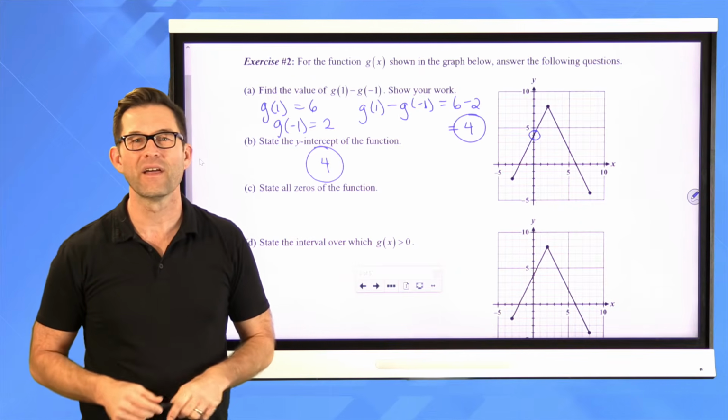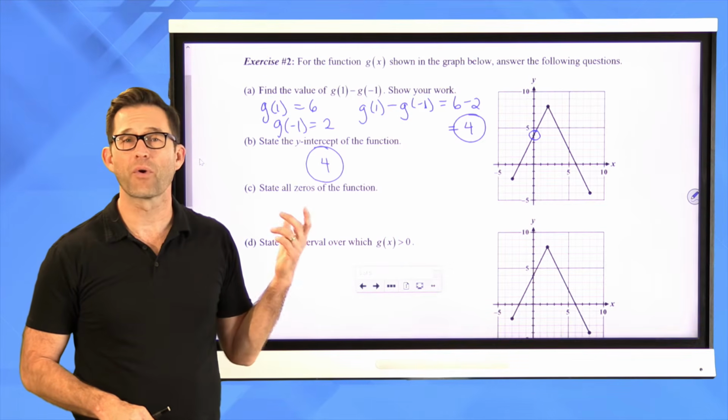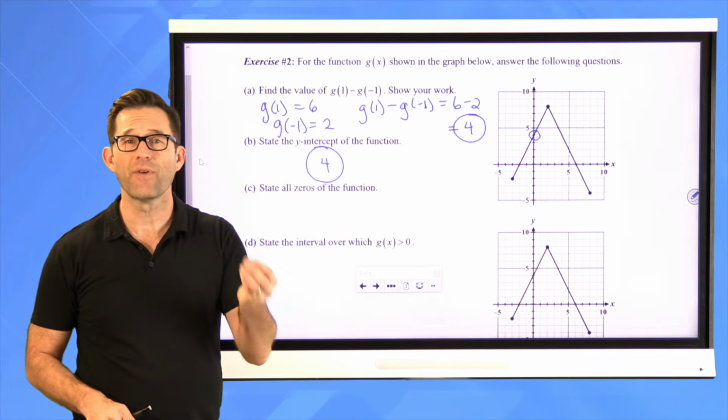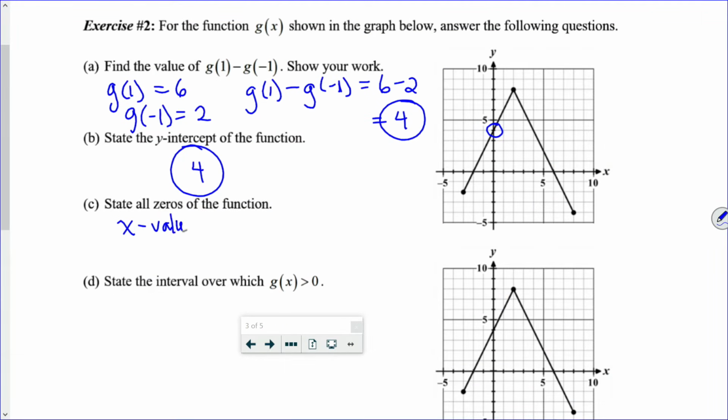All right, let's take a look at letter C. State all zeros of the function. This might be the trickiest problem in terms of just remembering the piece of terminology. The zeros of a function are the x values where y is equal to 0, and those are here and here, and they happen to be at x equals negative 2 and x equals 6, right?